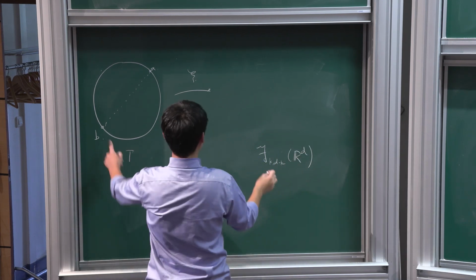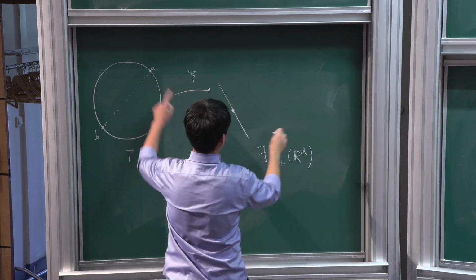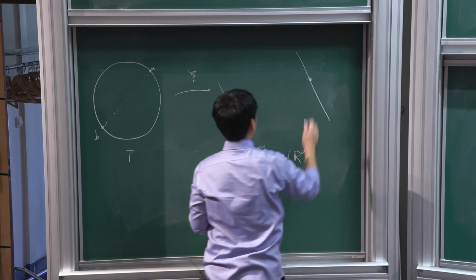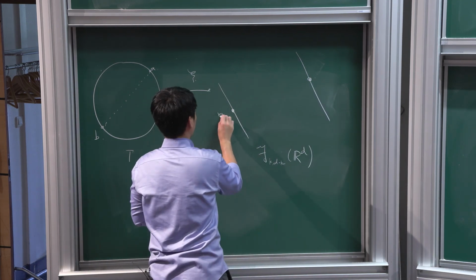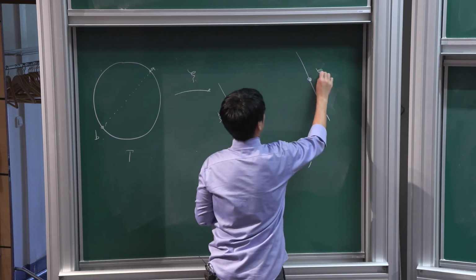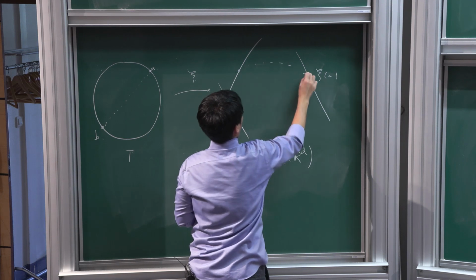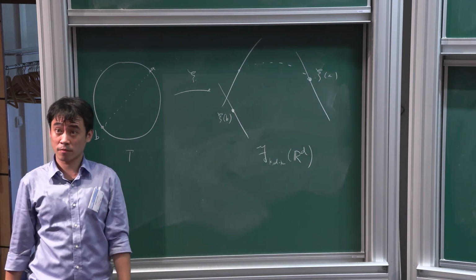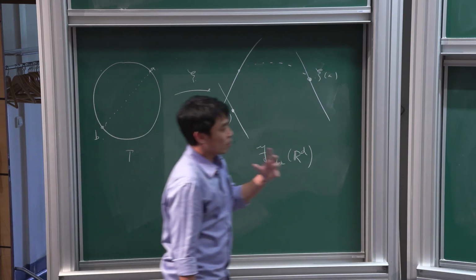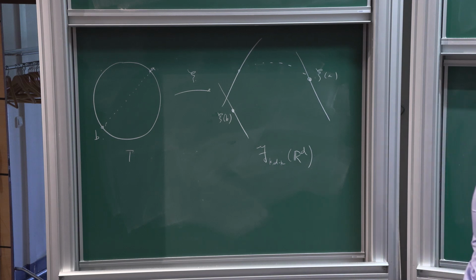You have B, which is some flag, and A, which is some flag, and you take any other flag that's transverse to this one. So this is supposed to be C(B) and C(A), and you keep applying your group element and you converge to C(A). This is what I mean when I say that the north-south dynamics in the boundary of the group is transferred into the flag manifold.